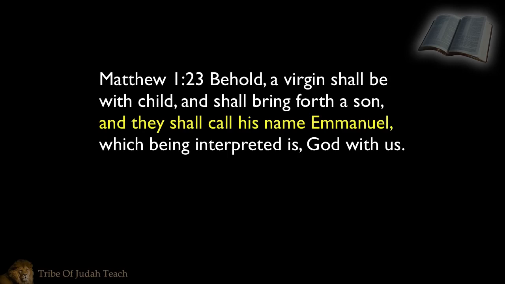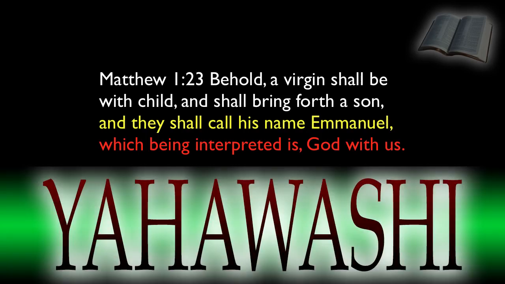It says, Emmanuel, which being interpreted is God with us. In other words, people would see Yahweh Shai and the great things that he did, and they would say Emmanuel, meaning God is with us. But he was not called by that name. He has a name, and everybody knew it. They called him Yahweh Shai, which means Yahweh's salvation.